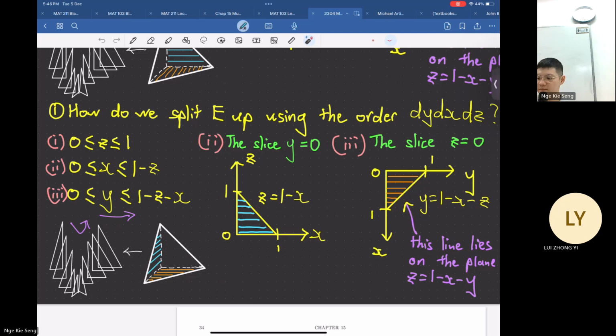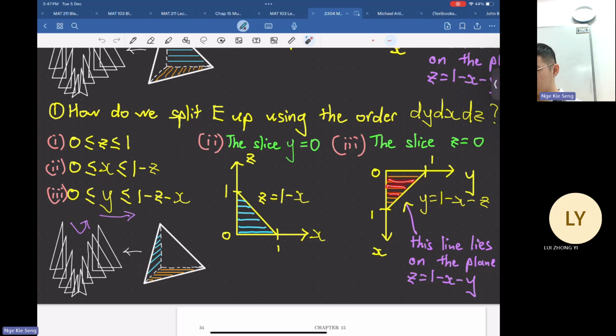So you can see that this y here is very dependent on x and z. So if you pick different x, different z, you have different y. Does that make sense or not?